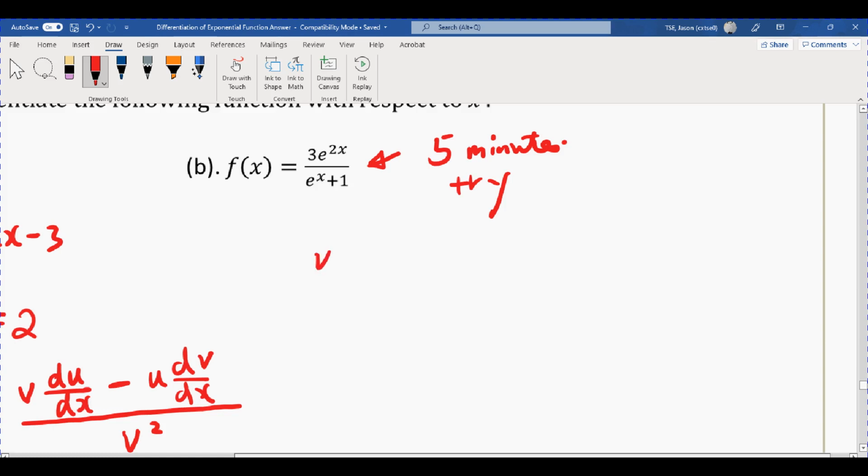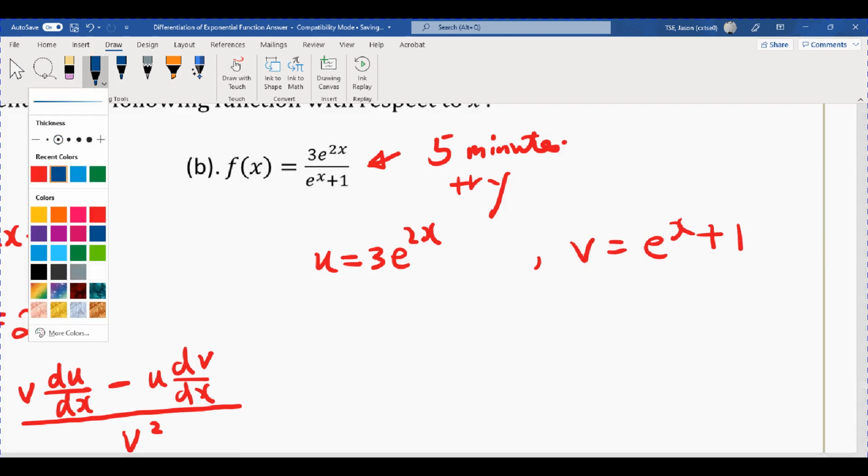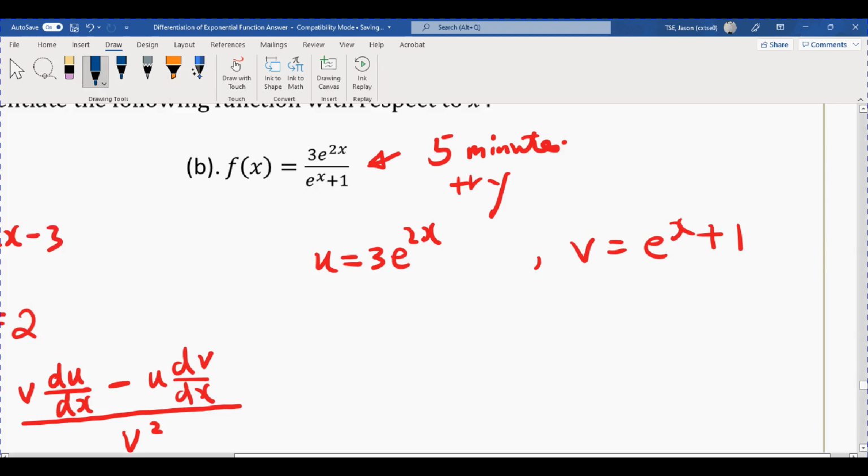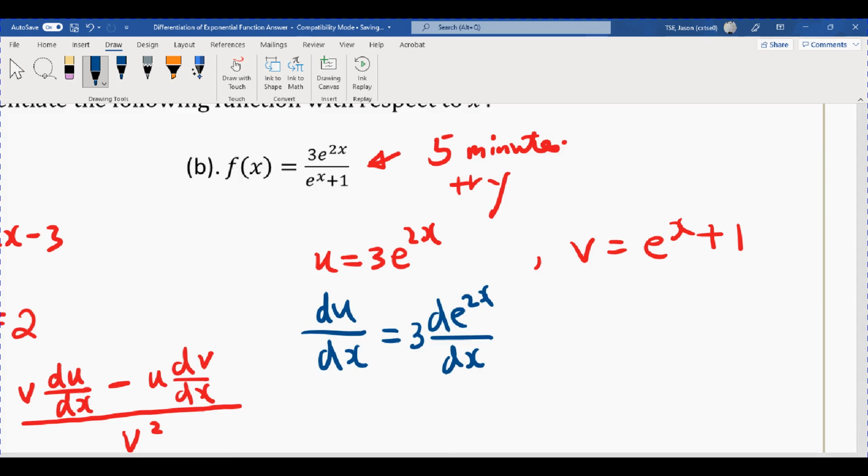Okay, so again, you need to define your u as that one, and your v is e^x plus 1. So when you differentiate, let me change the color because there are two different colors there. You try to do the derivative of u, and remember that's e to the power 2x.